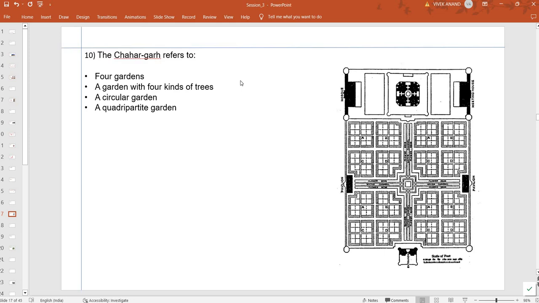And in the front, the four sections are four different gardens. And water is provided to those gardens using these pipelines, which you can see as crisscross lines dividing it into four parts. So this is the Char Bagh design, a quadripartite garden. So the right answer is this one.